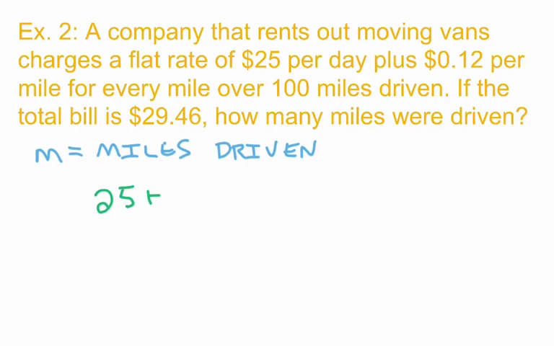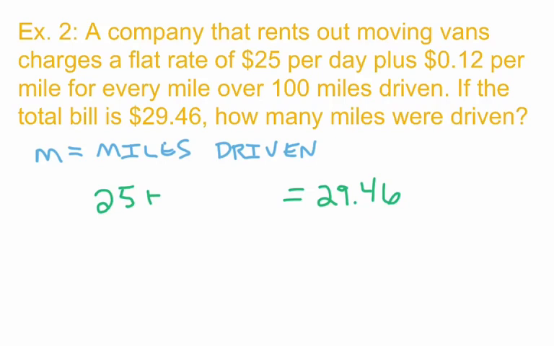Now, we know that her total is going to be $29.46. So I'm going to skip around a little bit while writing this equation. So her total is going to be $29.46. So $25 to rent the van up to 100 miles.